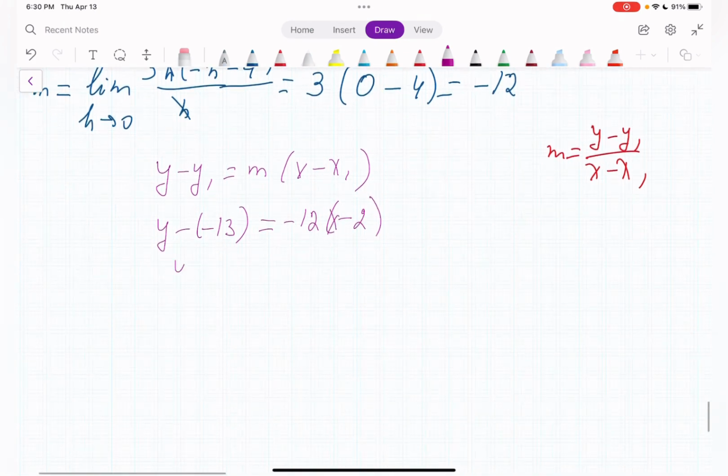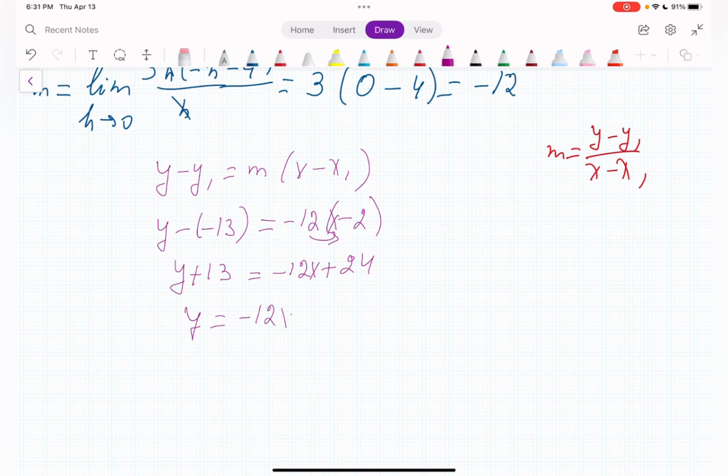So from here, y plus 13, and we get negative 12x plus 24. So y is equal to negative 12x plus 24, and this 13 comes here, minus 13.